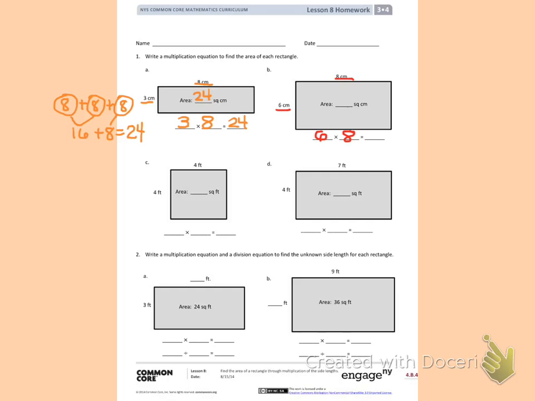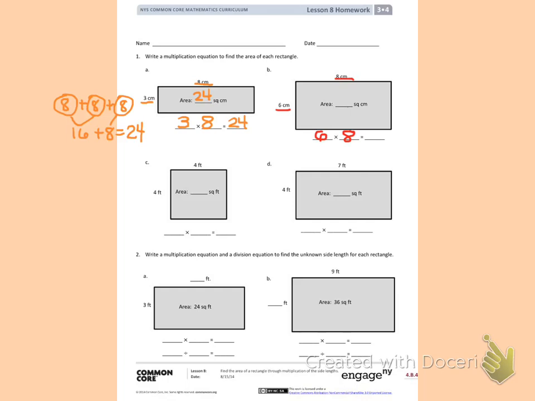You can use the same strategy to find the answer of 6 times 8 as you did with 3 times 8. The difference is you'd keep adding groups of 8, or you could skip count in order to find the answer.